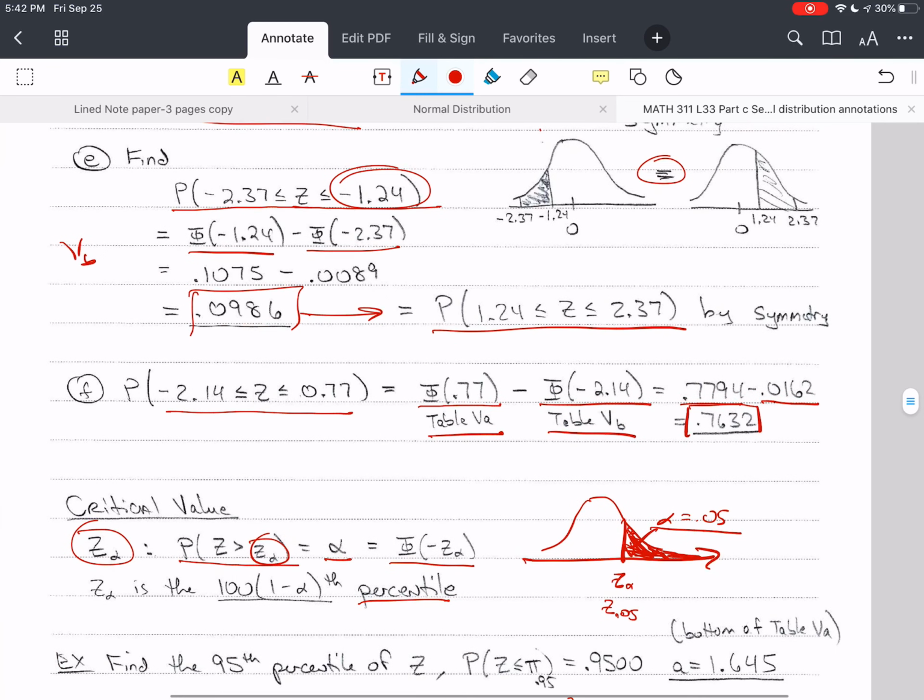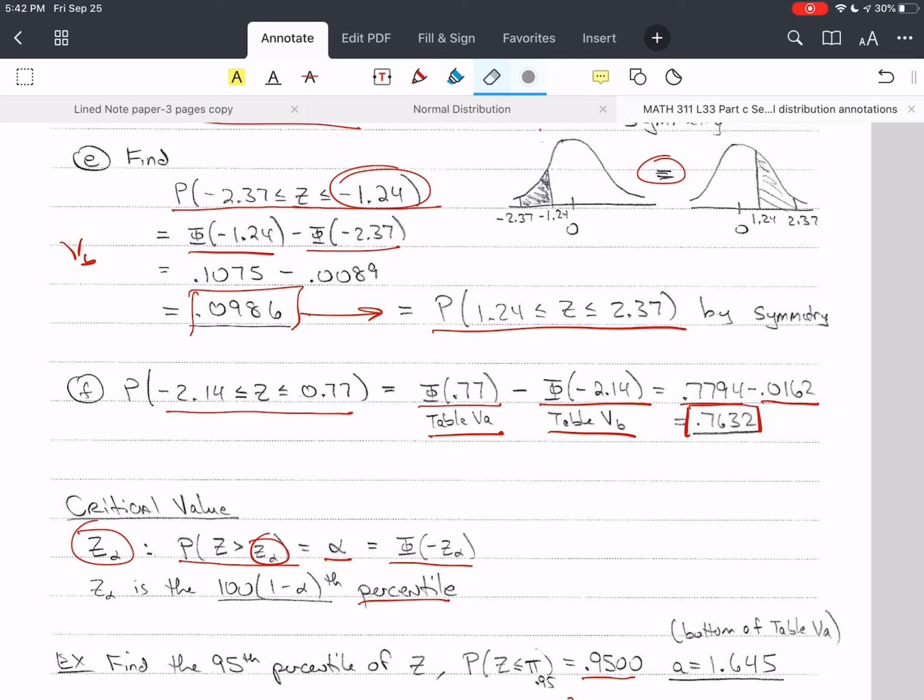So let's find the 95th percentile of Z. I want the probability that Z is less than phi inverse of 0.95, which is 0.95.